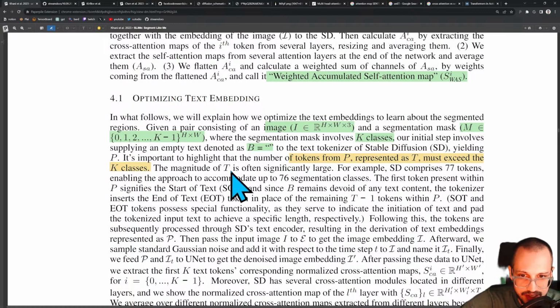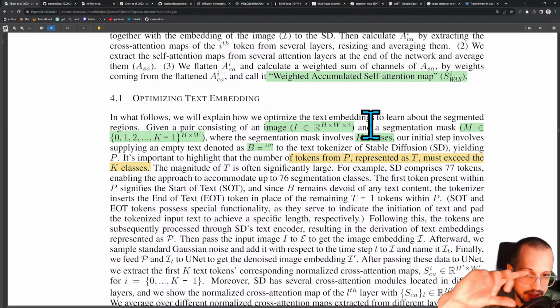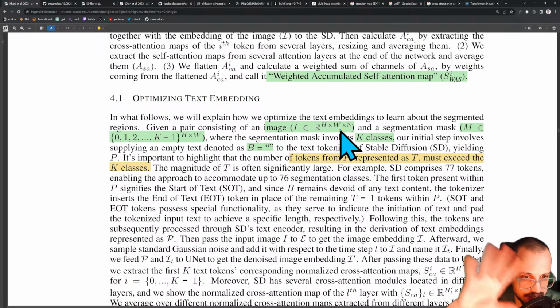The magnitude of T is often significantly large. For example, SD comprises 77 tokens, enabling the approach to accommodate up to 76 segmentation classes, right? So you're conditioning the Stable Diffusion on the text encoder. The text encoder has a limited, you could think of it like context, but it's not quite.